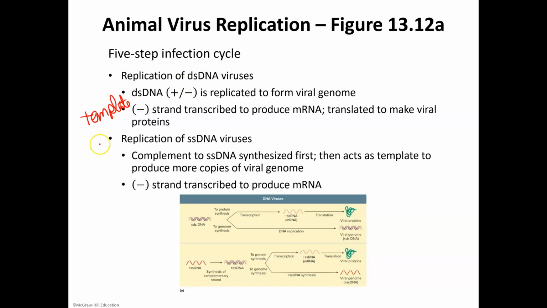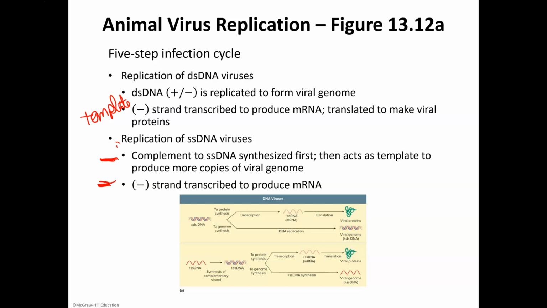If it's single-stranded DNA, then we're going to use the minus strand and transcribe that messenger RNA. So if we have single-stranded DNA, we can produce the complement so that we have more single-stranded DNA structures that all can be used to produce new viral particles.